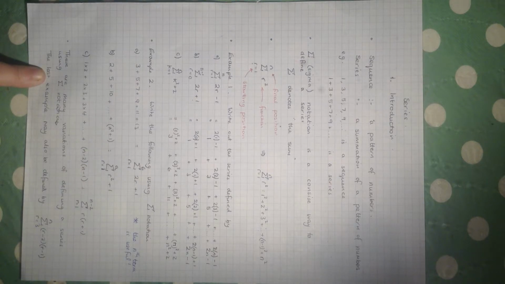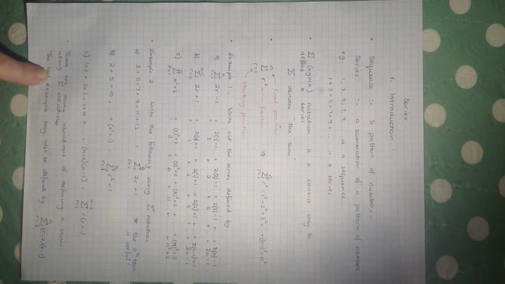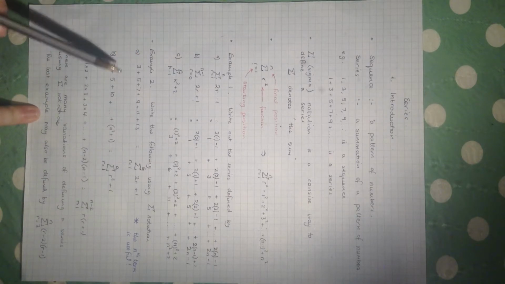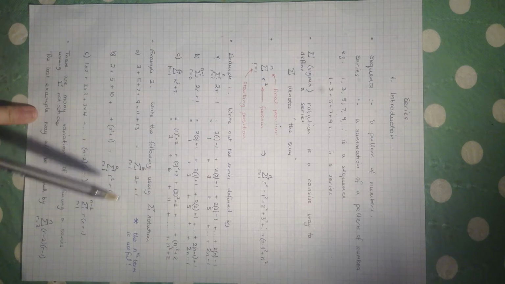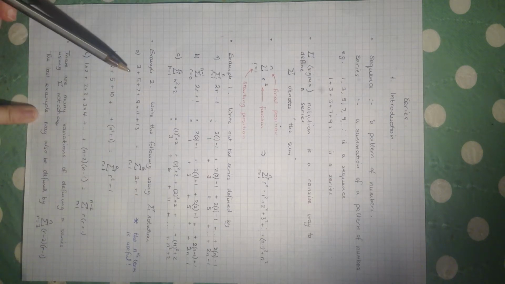Our second example looks at going the other way. We've got the series and we have to write the sigma notation. It's very useful at this point to be able to remember how to find the nth term of a sequence, because that is what's going to make the function here if it's not already defined for you.